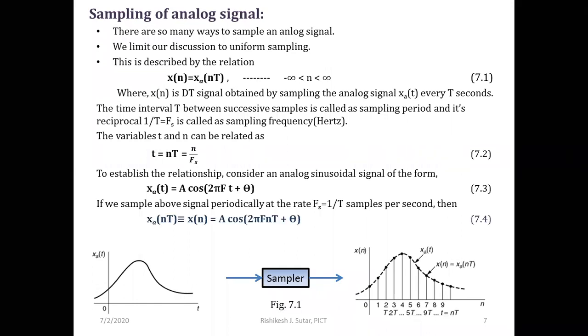So we can write the sampled signal as x sub a of nT is equal to x of n, which is equal to A cosine of 2 pi capital F nT plus theta. Here the small t is replaced with small n capital T. That is this relation.